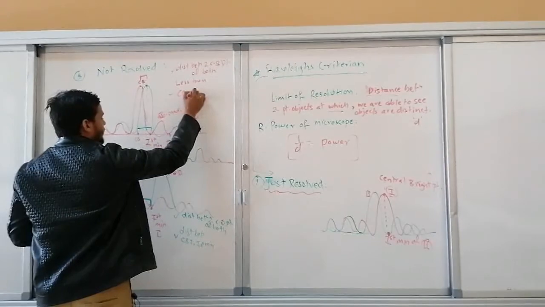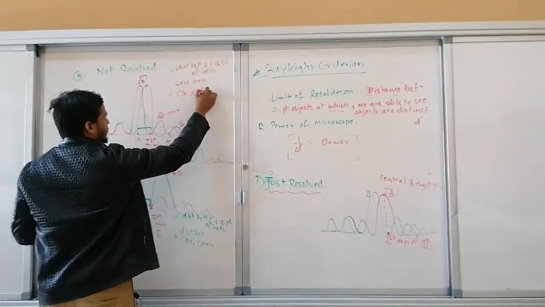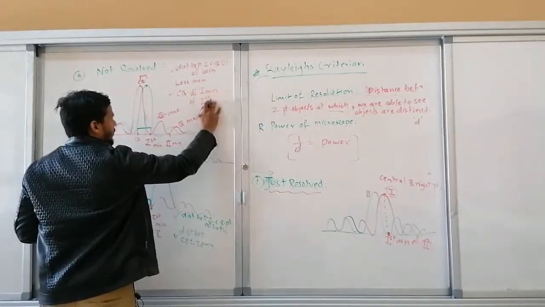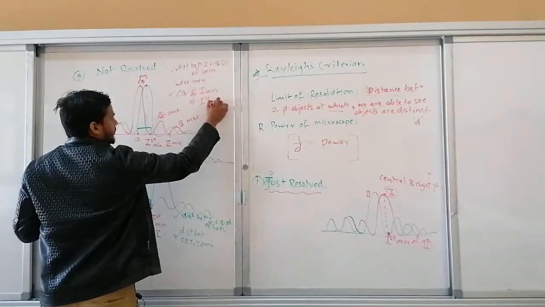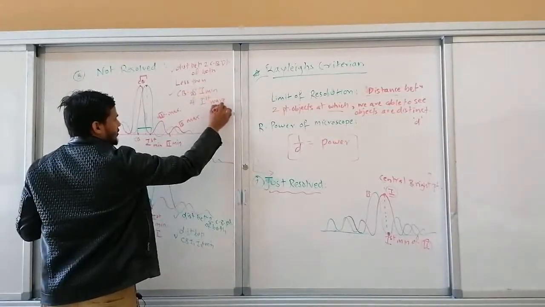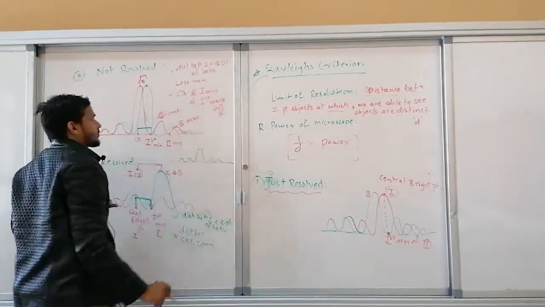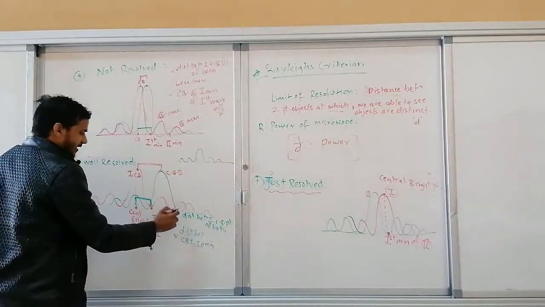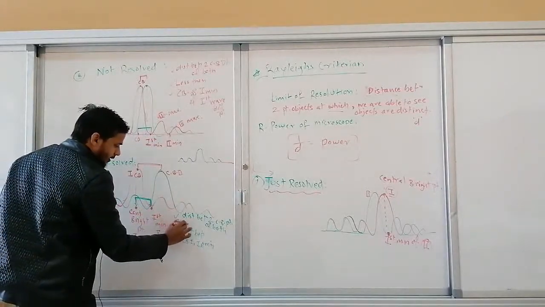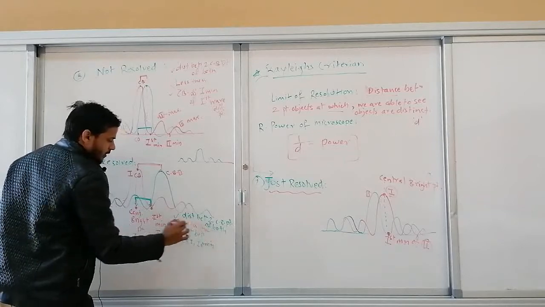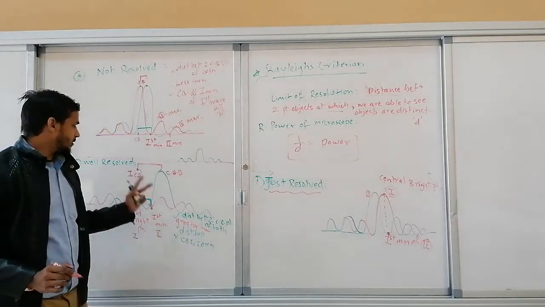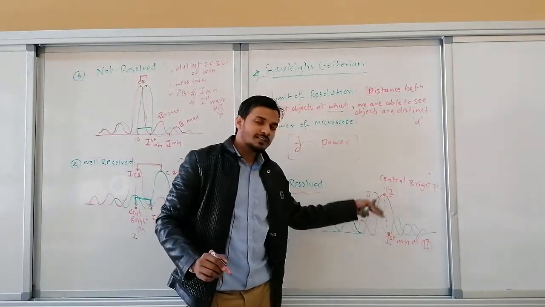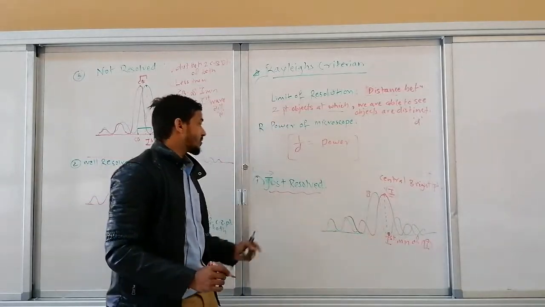Then the central bright point and first minimum of the first wave, to which we are comparing, whether you say wave, diffraction pattern, or point object. If it is less than this, it is not resolved. If it is greater than this, here we should write greater than, then it is well resolved. And if it is about overlapping of this point and this point, this is just resolved.